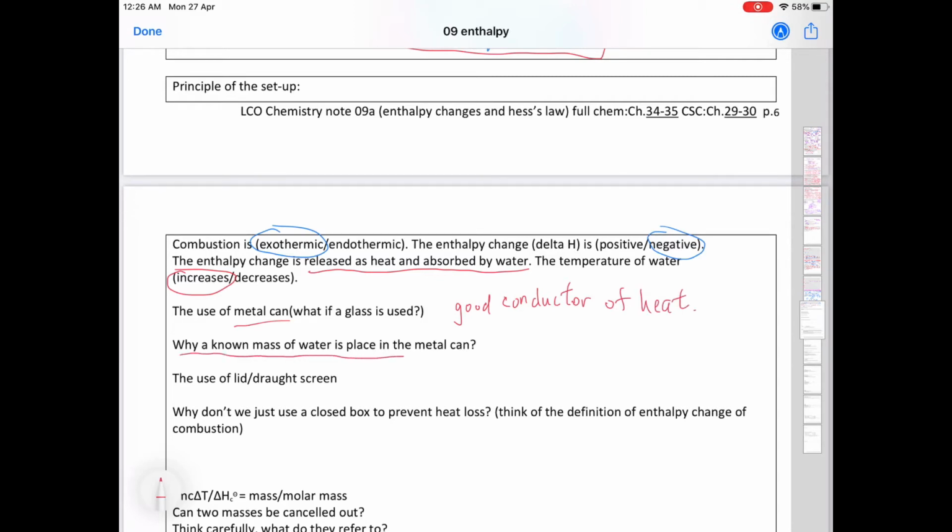And we use a fixed amount of water, because we have to use the equation mc delta T. In more detail, it will be mass of water times the specific heat capacity of water, times the change in temperature of water. If we do not know the mass of water, then we cannot apply this equation, and we can get nothing. And the plastic screen and the lid are to prevent heat loss to the surrounding.